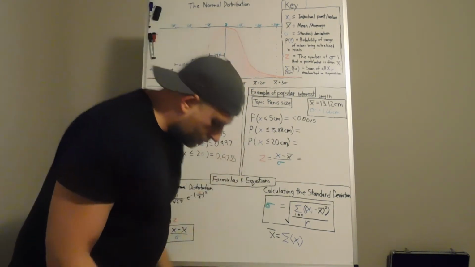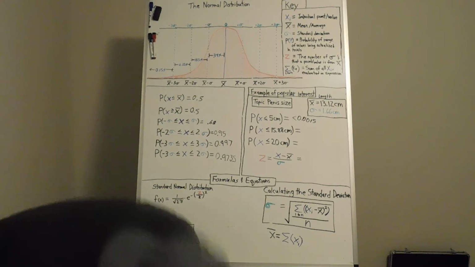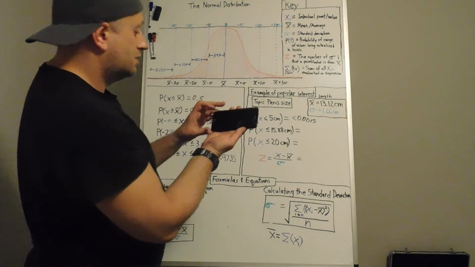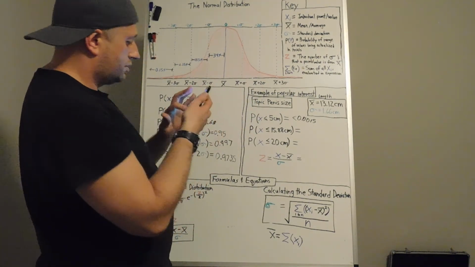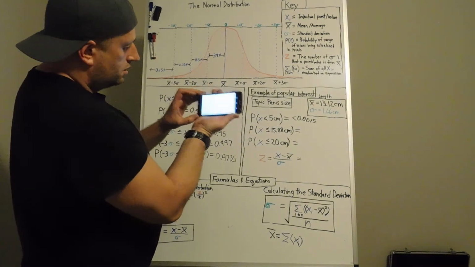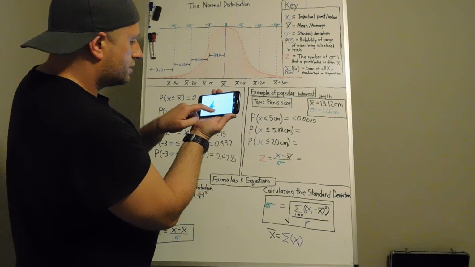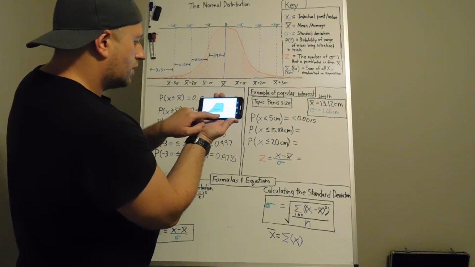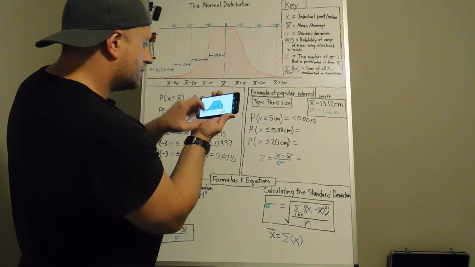Because I don't have a table in front of me, it's way easier to use this. You would just move this to where the yellow says 1.66.